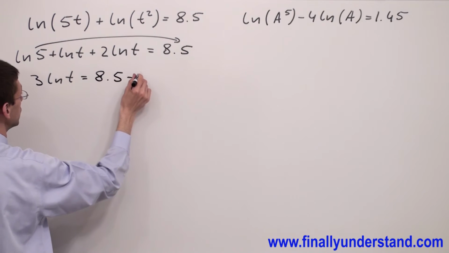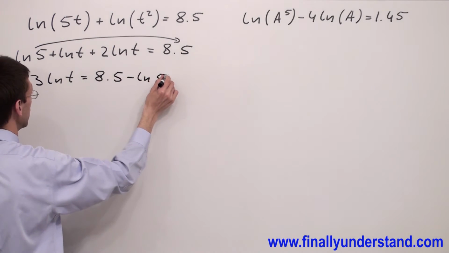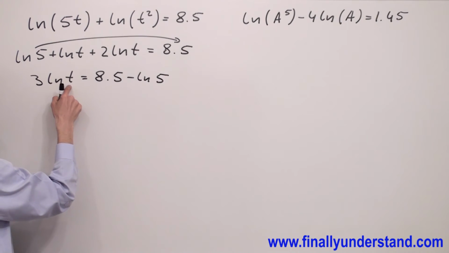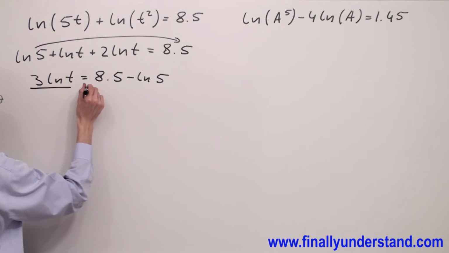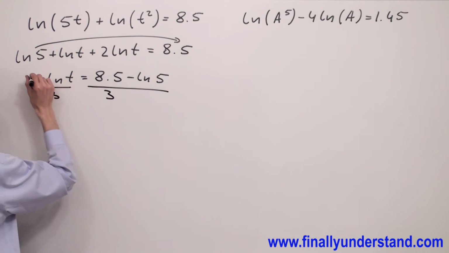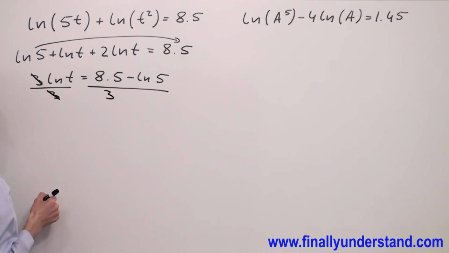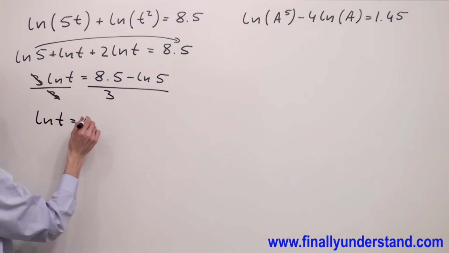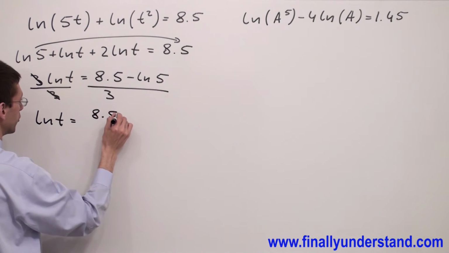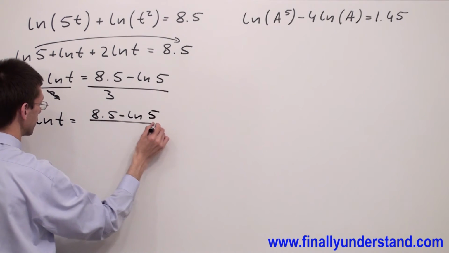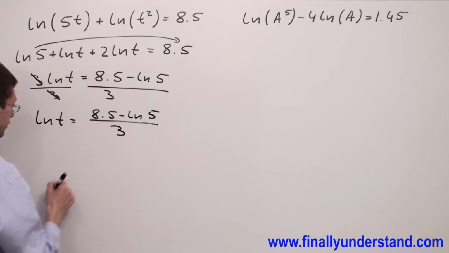This is equal to 8.5 minus ln 5. In order to find natural log of t by itself, I have to divide both sides of the equation by 3. 3 and 3 cancel out. So ln t equals 8.5 minus natural log of 5 over 3.